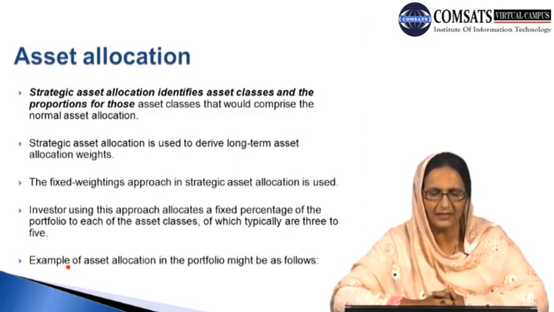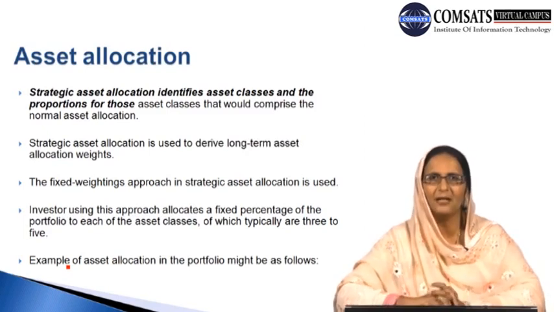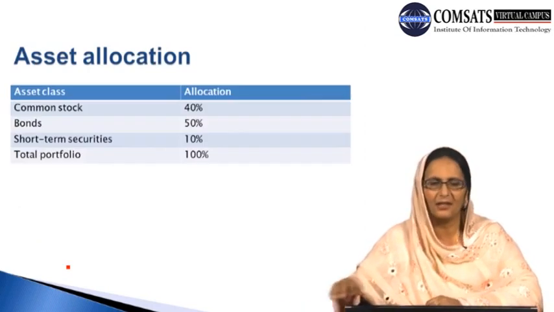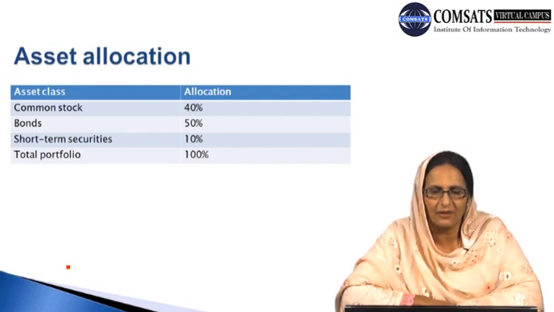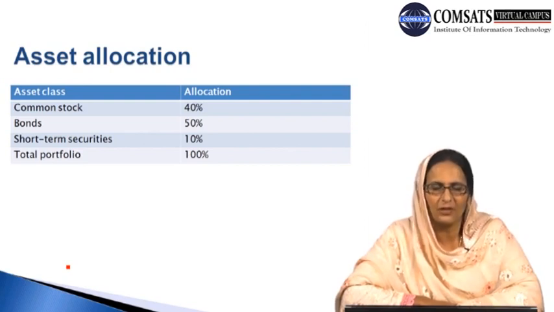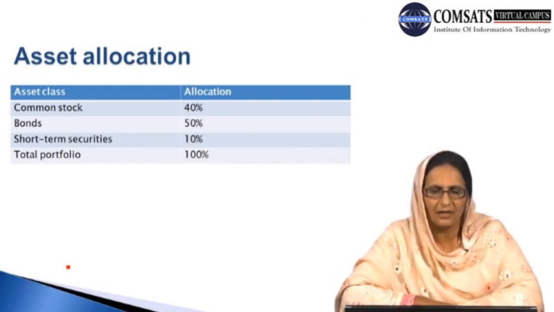And what are they? An example of asset classes in the portfolio might be as follows. Here we have a column for the asset classes. We have two columns: in the first column we give the name of the class, and in the second column we give the example of their weightage. The first asset class is common stock, and 40% is allocated to common stock.